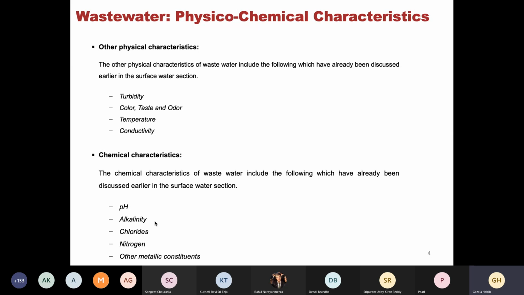Then the third form is nitrite, NO2 minus. The presence of nitrite indicates that the decomposition has started. A little decomposition of organic matter is going on. Then the final form is nitrate, NO3 minus.